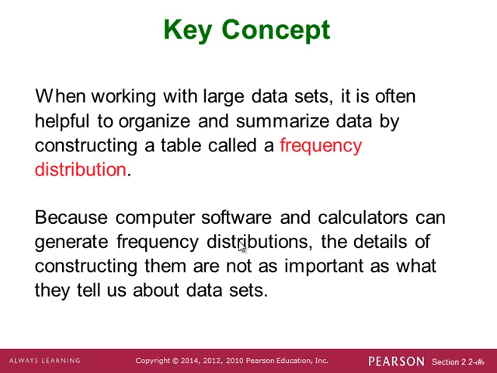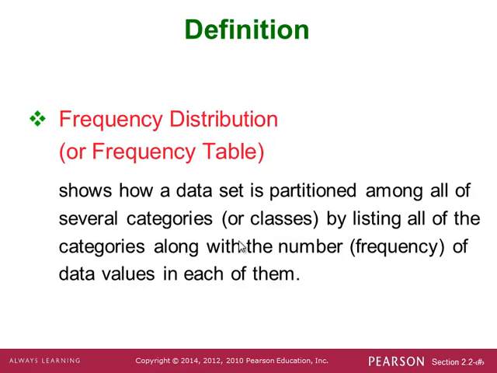And it'll still be important for us to use our judgment to be able to interpret that data, though. So here's kind of a definition of what a frequency distribution, aka frequency table, is. And I'll let you read that. So what we're going to do is we're going to create these categories or classes.